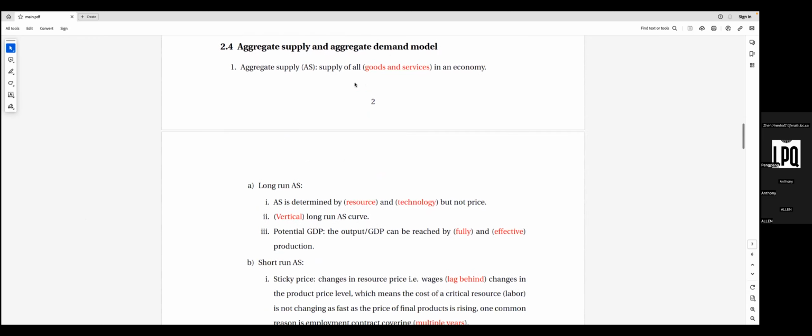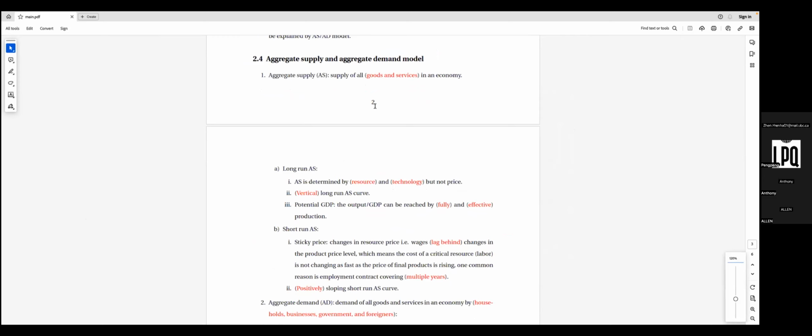So AS, the A just means aggregate. Once again, aggregate means total. We include everything in this supply curve and demand curve. In macroeconomics, we don't need to tell the difference in what is actually being produced here.